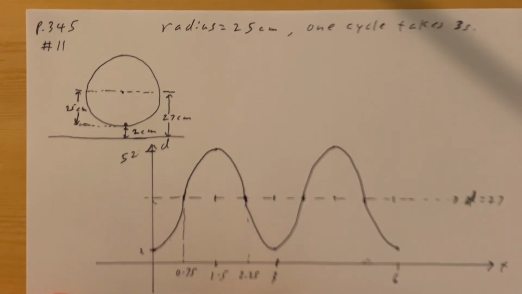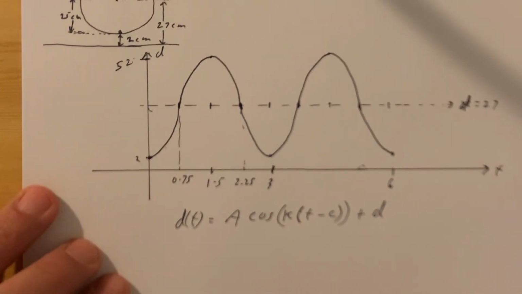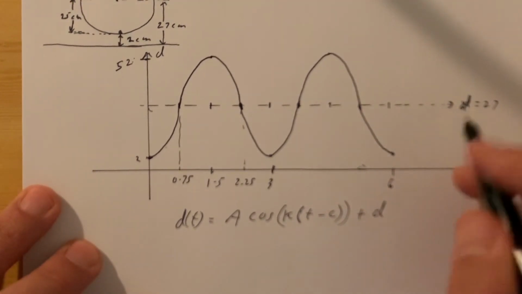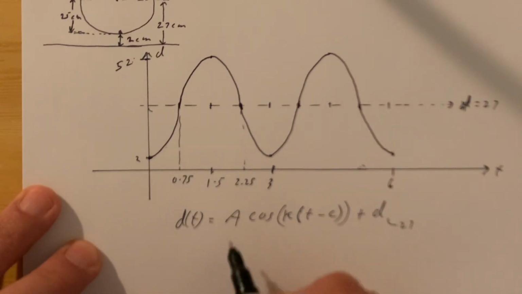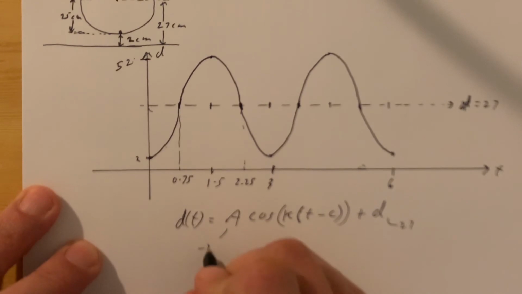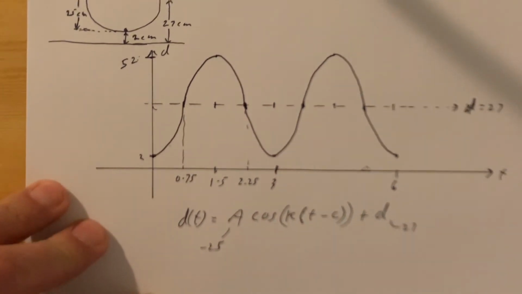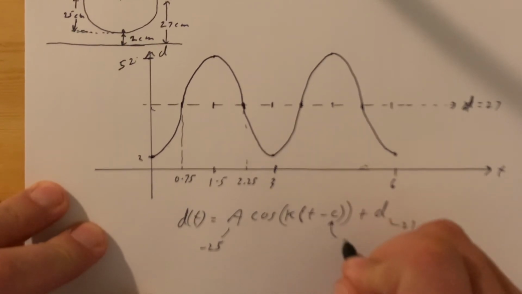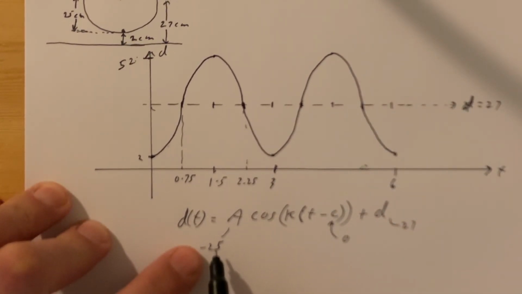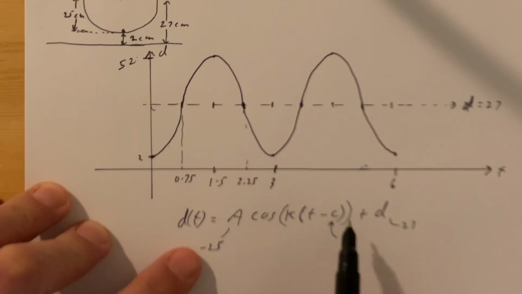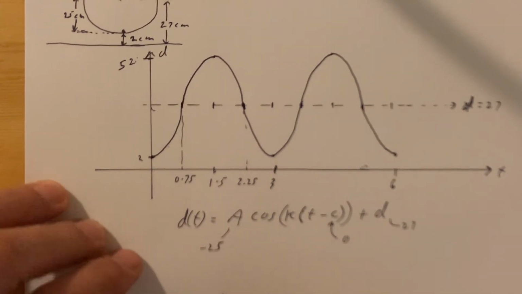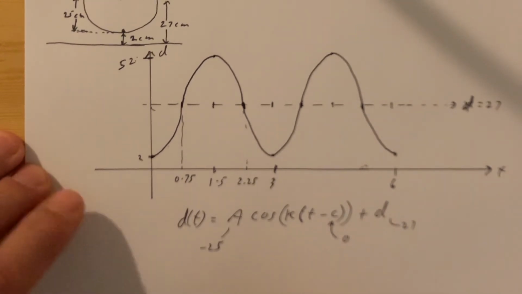So d of t equals a cos k(t minus c) plus d. Let's fill in what we know. So here's the basic form of that function. So we know d is 27. We know a is going to be negative 25. And c is going to be 0. Unless we used positive 25, then c would be 1.5. So minus 1.5 to move it forward. Okay. Now k.